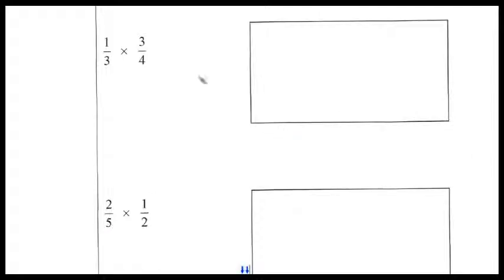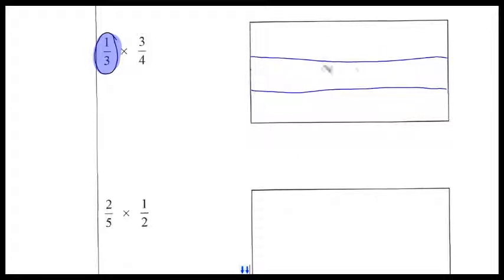Again, the first fraction is shaded, and I'm going to draw it horizontal. Horizon, where the sun sets. 3 parts total. So I'm going to draw one of them shaded. It's 1/3.